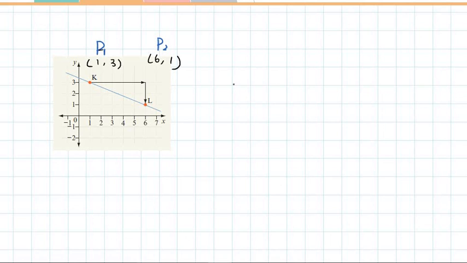Now, if we're going to use the rise over run method, we can do rise over run. If we look at the rise from K to L, is it going up or going down? Because it's going downward, the rise is going to be a negative number. We talked about that earlier: if it's traveling up or right, it's positive.